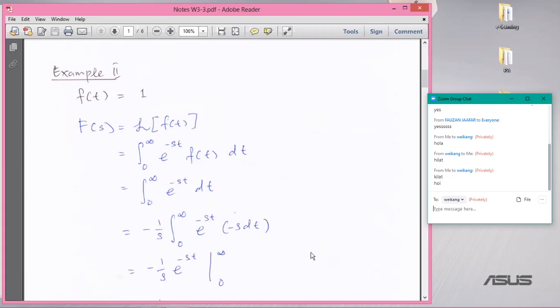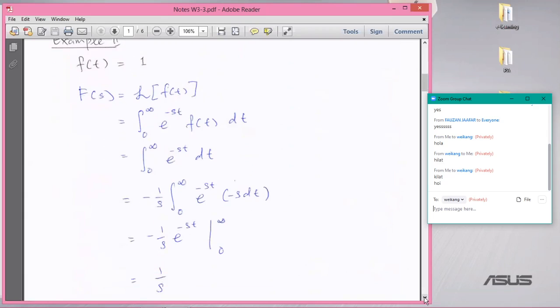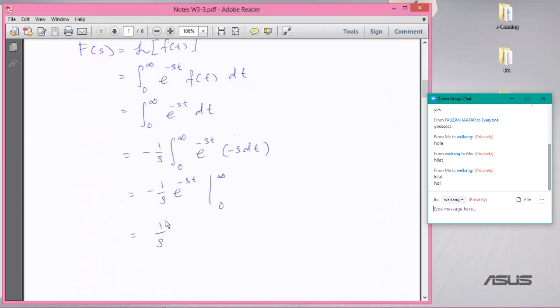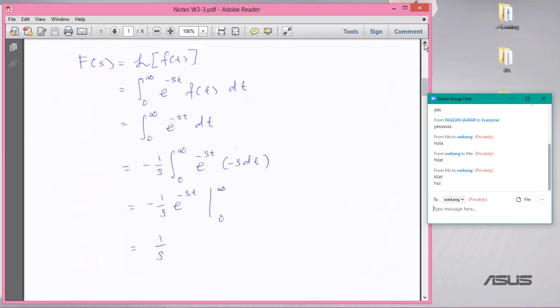You can just go ahead and evaluate that integral between the limits of 0 to infinity, and you get 1 over s. So if f of t is equal to 1 in time domain, then in Laplace domain, the capital F of s is equal to 1 over s.